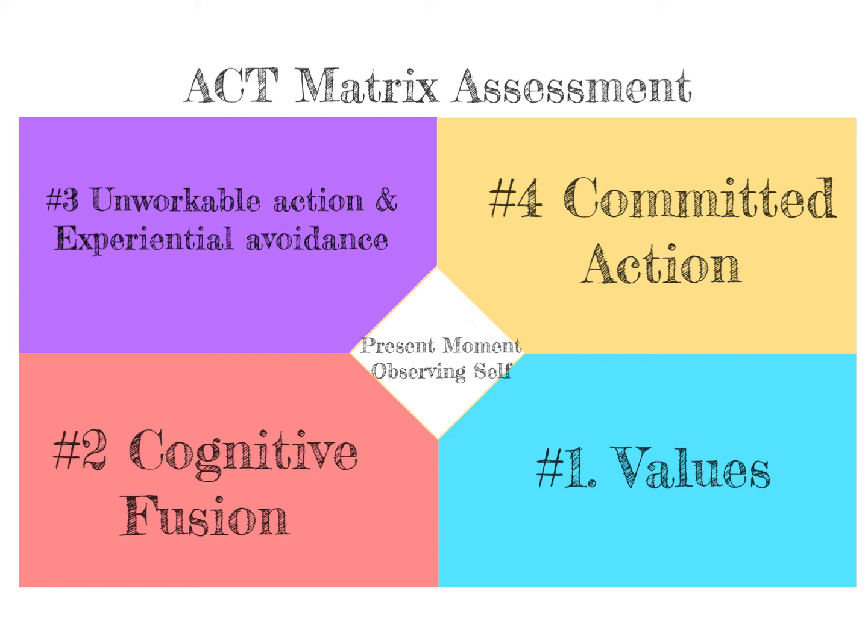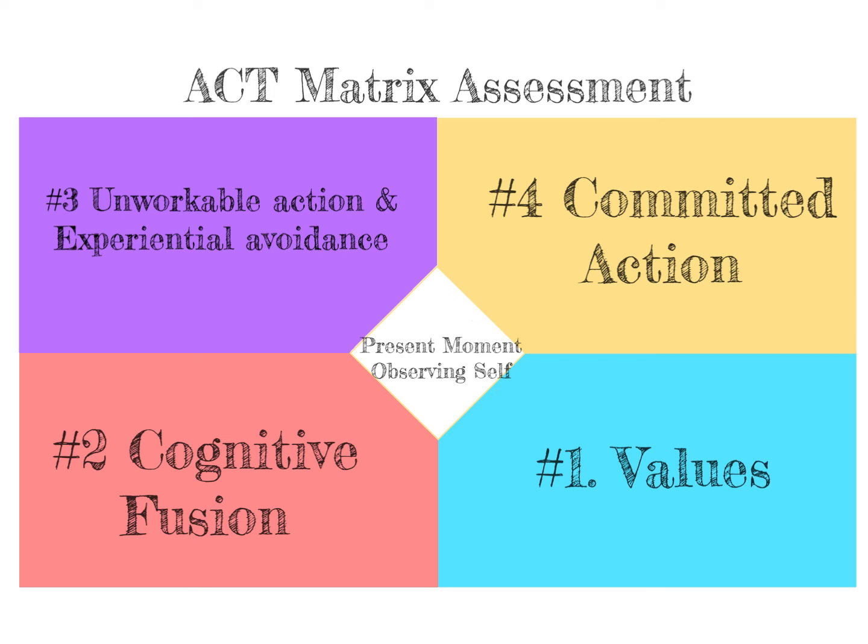Each of the 4 quadrants will involve using the skills taught throughout traditional ACT therapy and that are drawn from the ACT hexaflex. I frequently will not teach clients about the ACT hexaflex until they've well understood the ACT matrix.